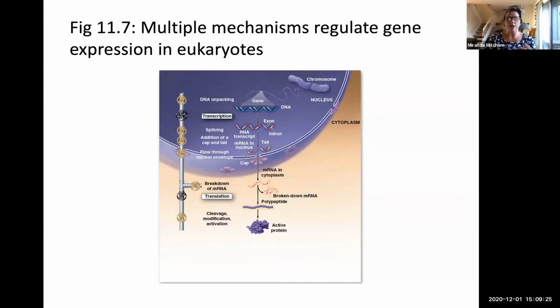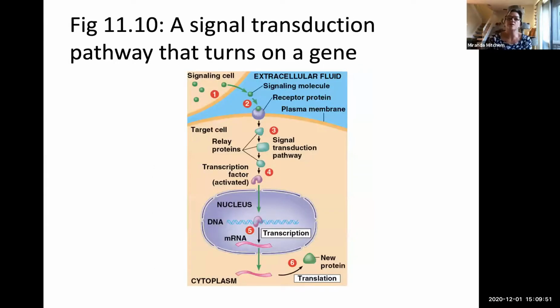And if we don't have the right structure, then there is no function. And then also the protein itself is going to be broken down at some point back down into the amino acids that were utilized to build it. So that's another level of gene regulation in eukaryotic organisms. And in reality, all of this is happening. All right, so those are the different levels.